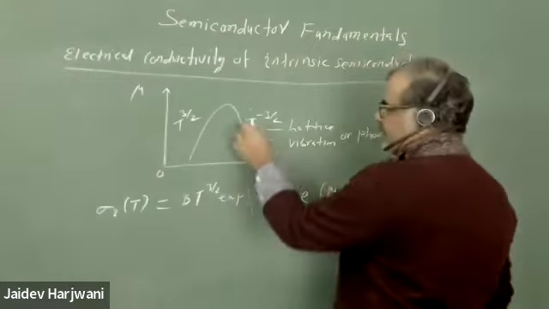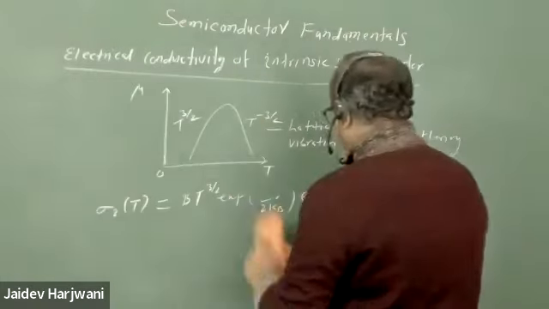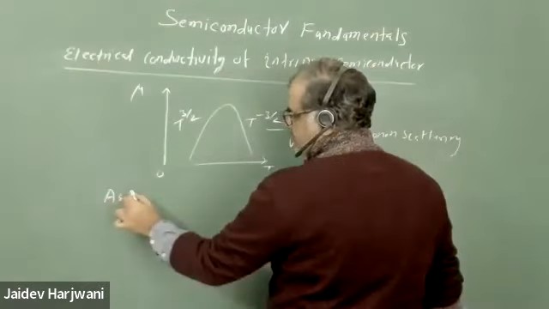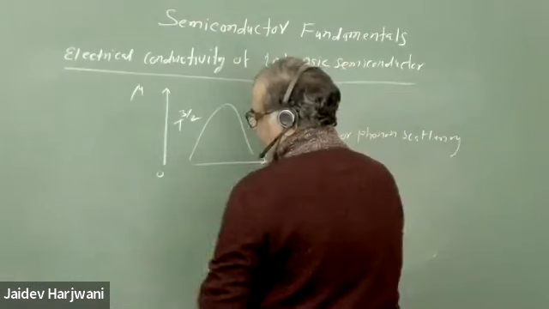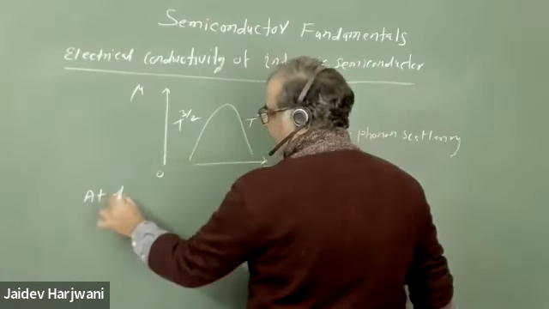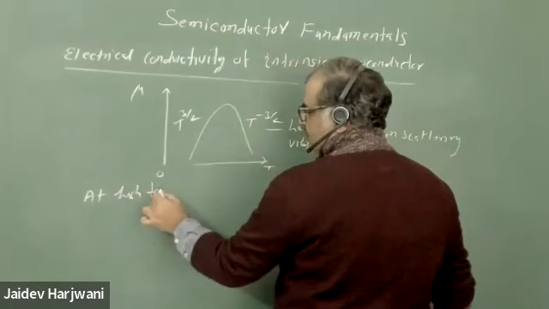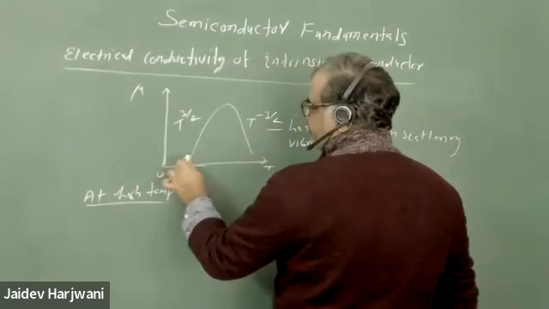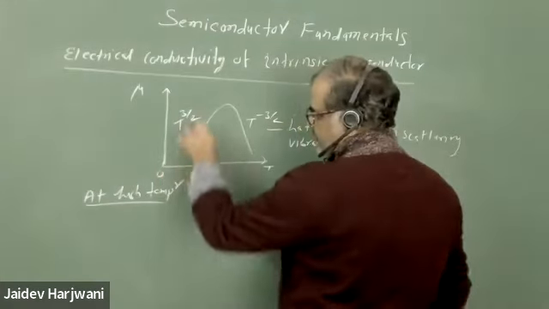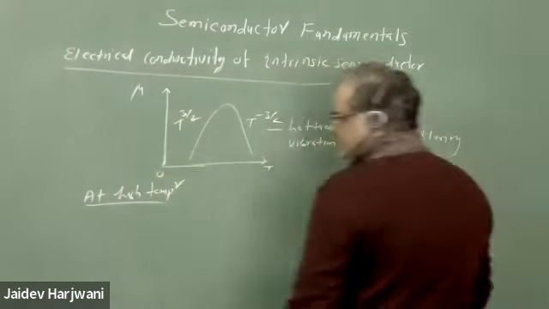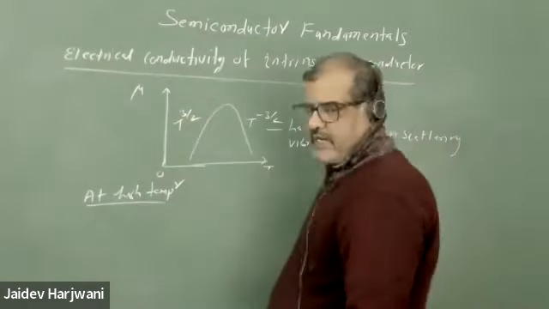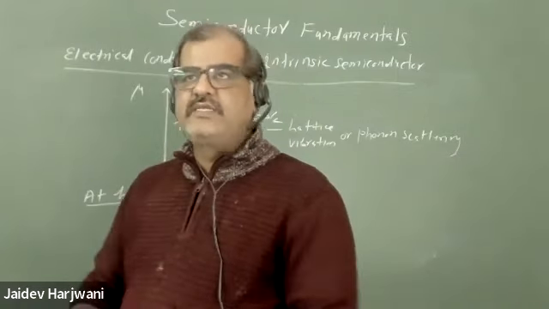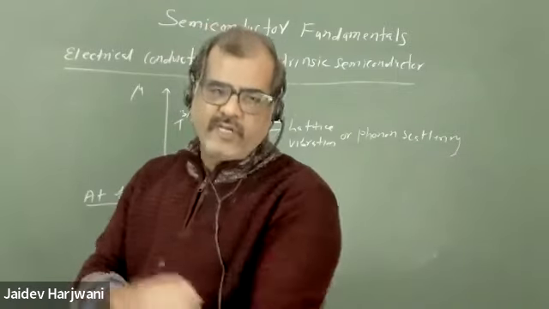So that part is understood. As you increase the temperature, at high temperature, meaning anything above room temperature, not the freezing temperature, we are interested in conductivity only at high temperature, because at low temperature an intrinsic semiconductor is an insulator, so there you won't get any conductivity.